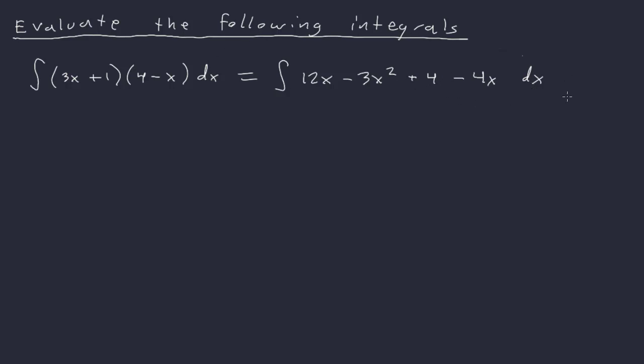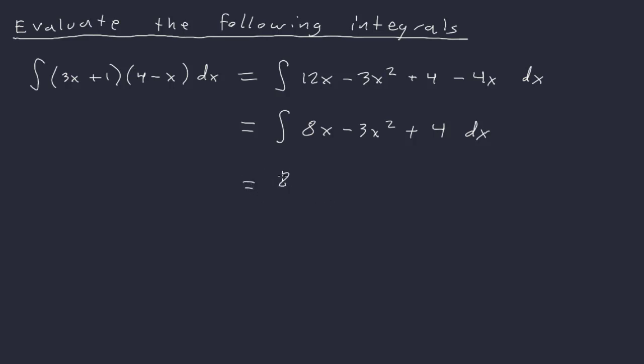Okay, so once you multiply this out, you'll get the integral of 12x minus 3x squared plus 4 minus 4x, and we can simplify this, right, to get the integral of 8x minus 3x squared plus 4 dx. Okay, and now we integrate.